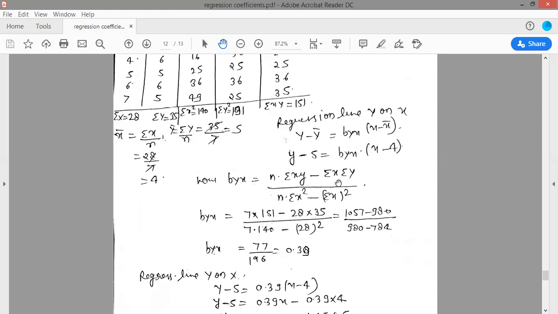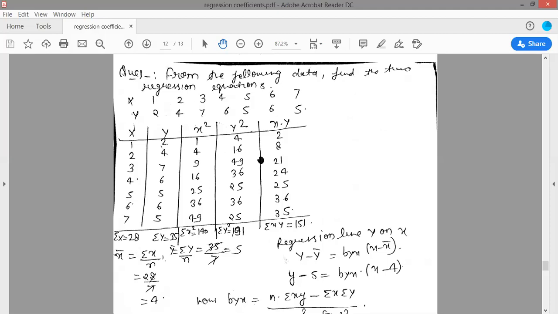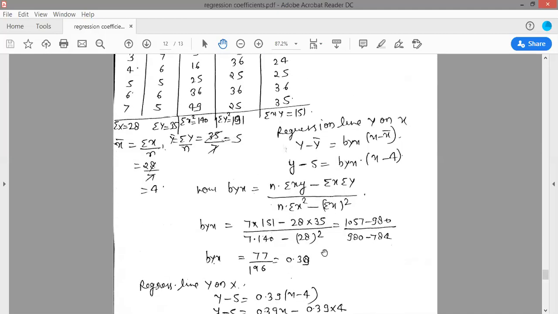So just put all these values. All these values are coming from this table. Look at this table. This table we will construct and find summation x square, summation y square, summation xy, and we will put all these values here, and we will get our byx.